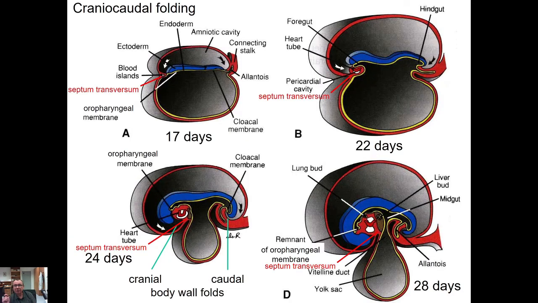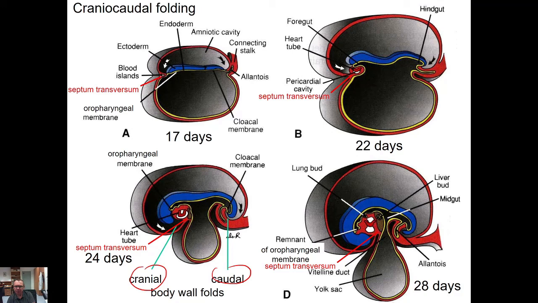Now we can look to the same folding in the craniocaudal direction. So here is cranial fold, caudal fold, and they become situated closer and closer. And I add one structure to this schema from your textbook, which is called septum transversum. I didn't add this structure, it was already here, only this label wasn't here.